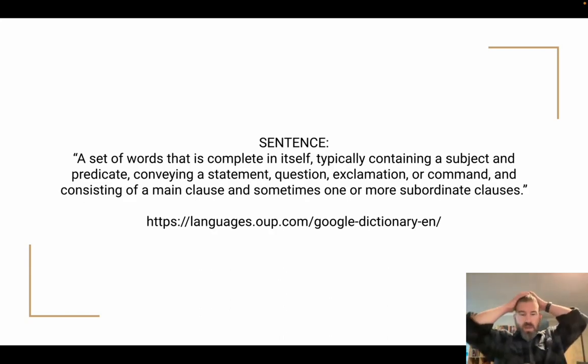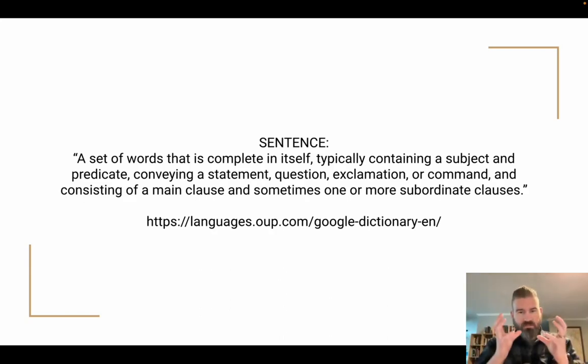All right. So let's just start with the basic building block of writing. Now we could say a letter or a word is a basic building block, and we'll get to words in a second. But a sentence is, quote, a set of words that is complete in itself, typically containing a subject and a predicate, conveying a statement, question, exclamation, command, and consisting of a main clause and sometimes one or more subordinate clauses.